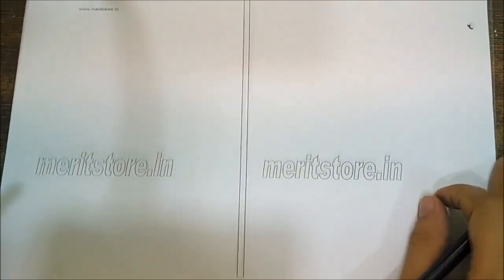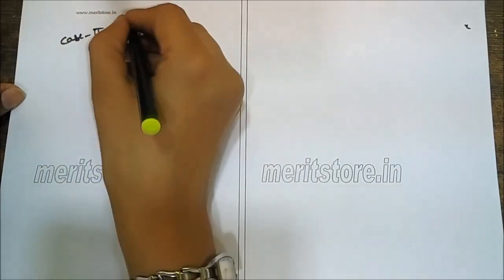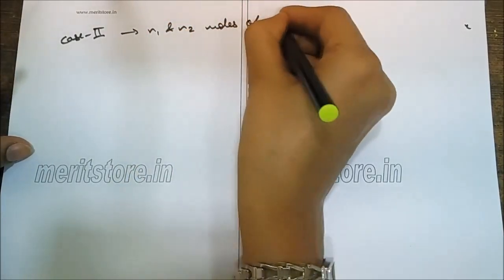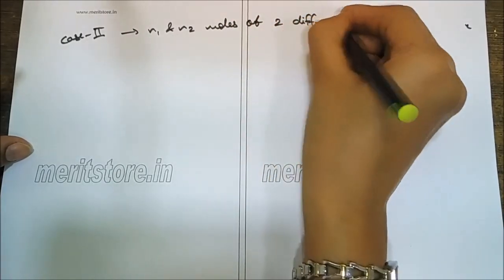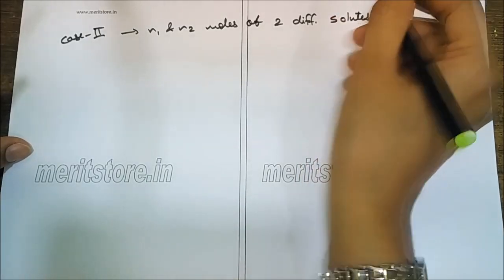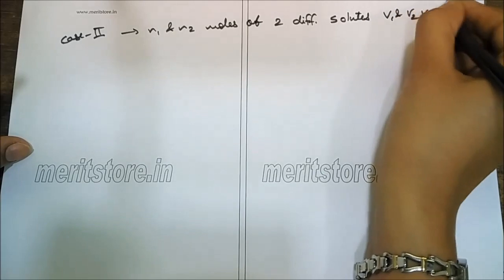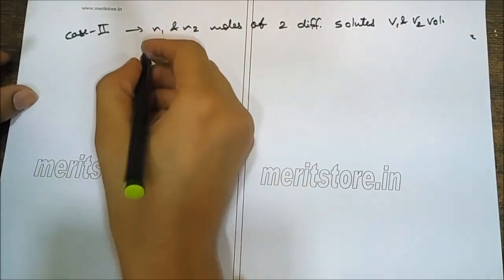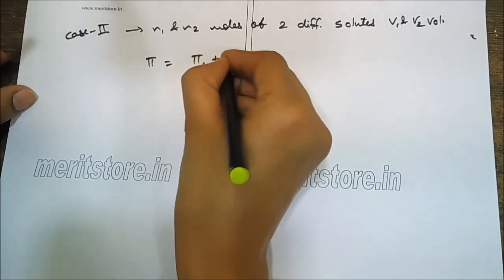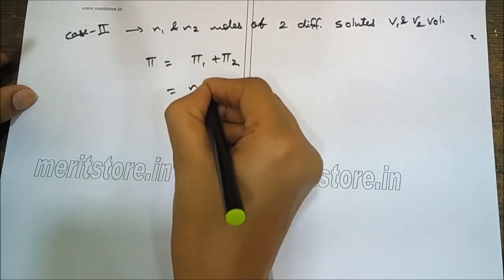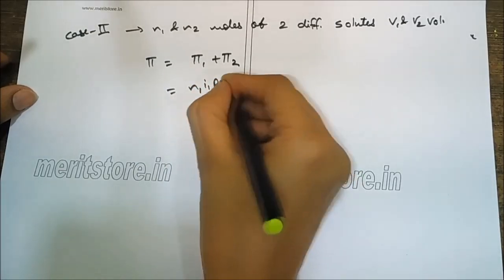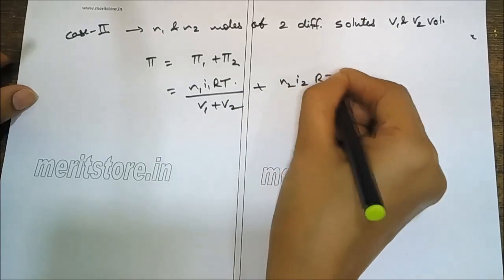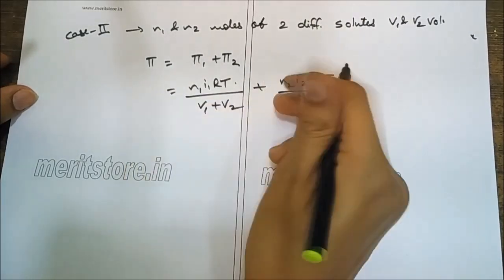Case 2 is if we are taking N1 and N2 moles of two different solutes present in V1 and V2 volume, then pi of mixing, the resultant osmotic pressure, will be equal to pi 1 plus pi 2, or we can write N1 I1 RT upon V1 plus V2, this is the value of pi 1, plus N2 I2 RT upon V1 plus V2, this is the value of pi 2.